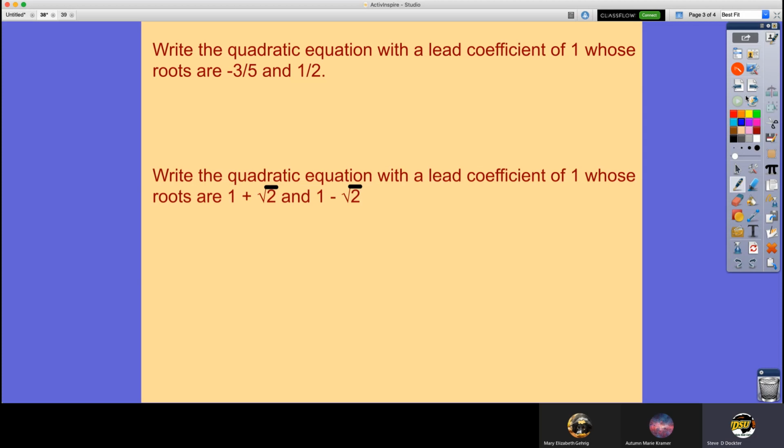Now we need to write a quadratic equation with a lead coefficient of 1, whose roots are -3/5 and 1/2. All right, believe it or not, you guys did this last year. No. Maybe not with these answers, but you have done it before. Mr. Quislen even taught it to you guys. Or did you guys have Mr. Bartram? I don't know how long he's been here. No?